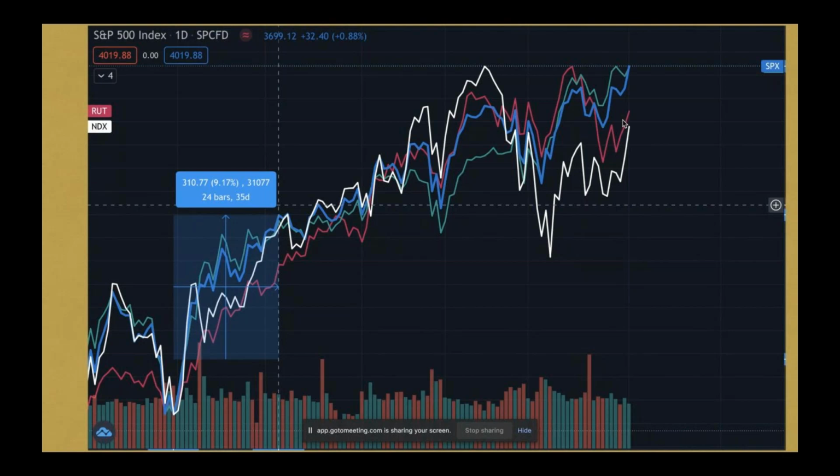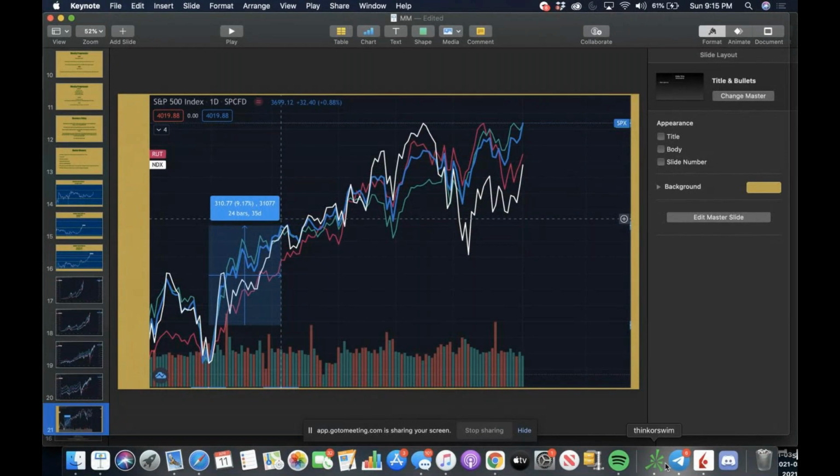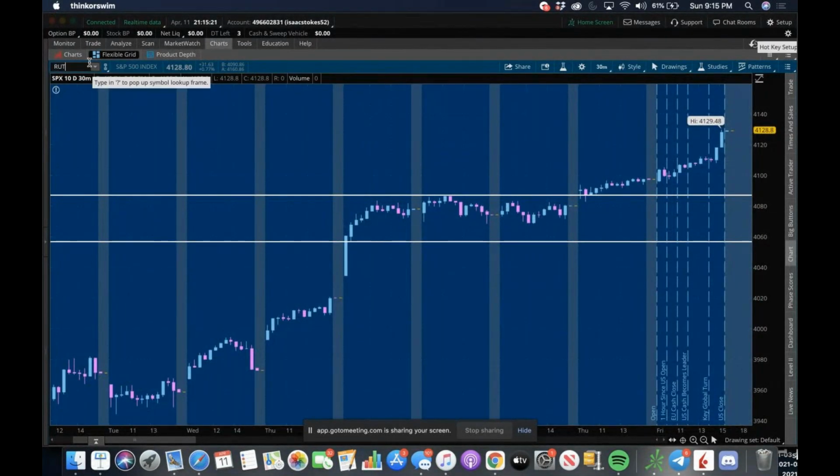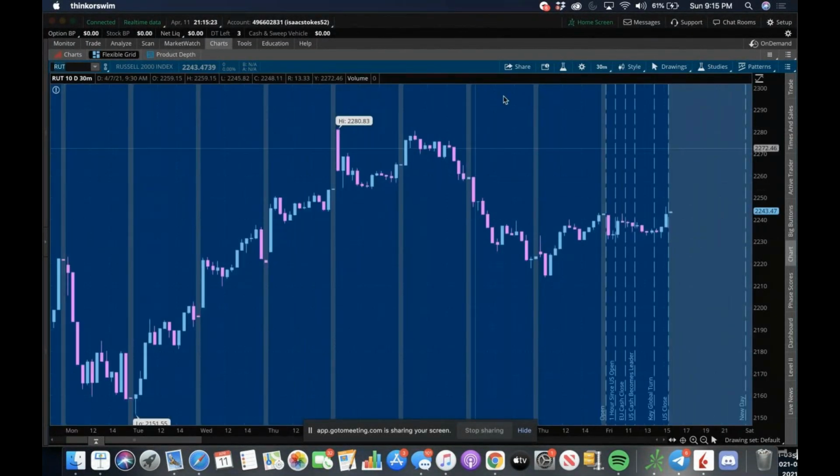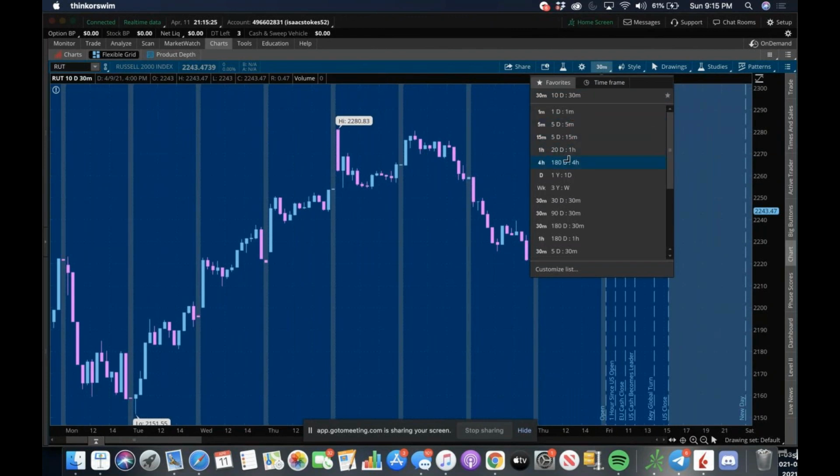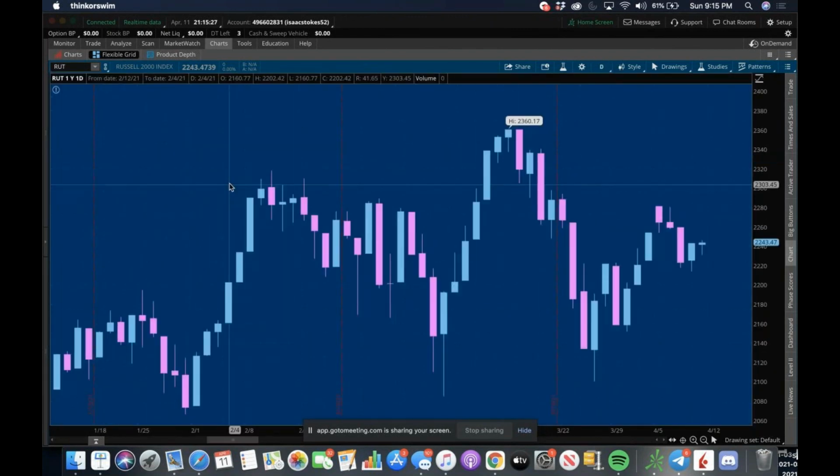Because if you take the Russell right now, look at the daily chart. Let's do that right now together. If we pull up the Russell, and we look at the daily chart, I don't think I have to tell anybody anything, right? To just simply pull up this level here.